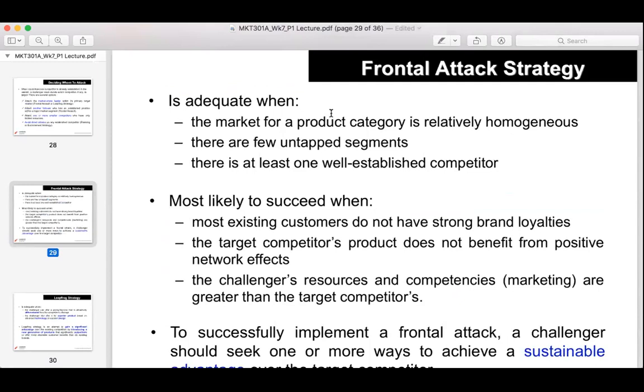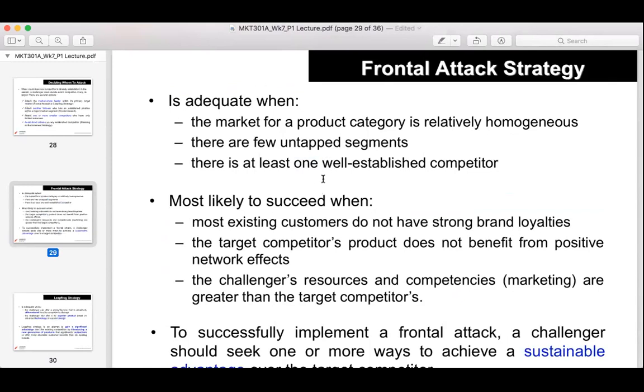The frontal attack strategy is adequate when the market for a product is relatively homogeneous, with few untapped segments in the market. If you find there are some market segments that have not been serviced, then there is a good opportunity for you. And at least one well-established competitor in there. Why do we need that? Because this competitor helps us introduce the product to the customers.